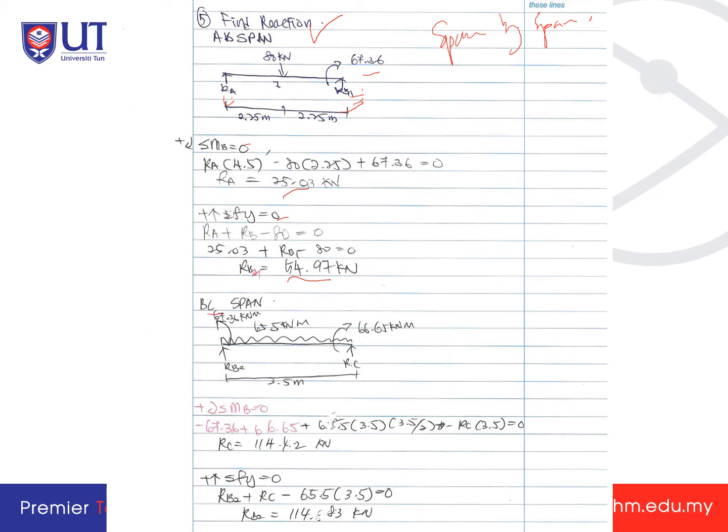At span BC, you calculate and you will get RC equal to 114.42, and RB2 you will get 114.83 kilonewton. This one you can practice yourself and check the answer.